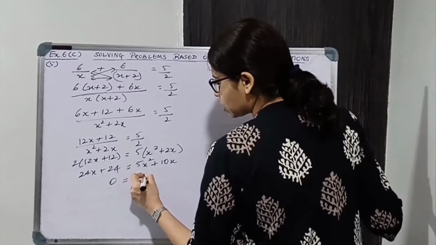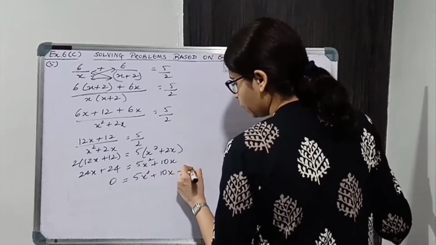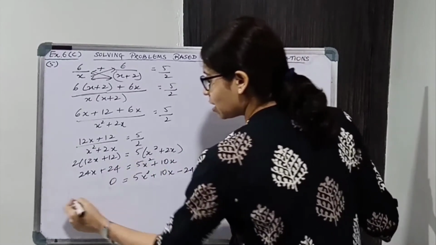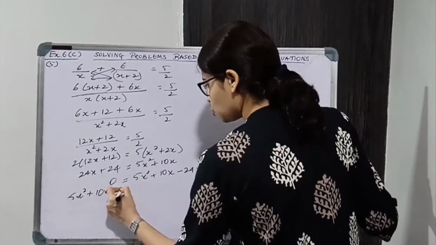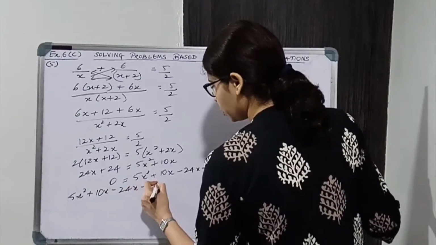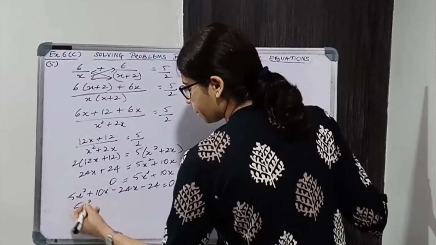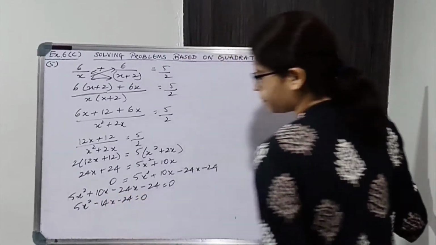So 5x square plus 10x minus 24x minus 24. Switching the sides, 5x square plus 10x minus 24x minus 24 equal to 0. This will become minus 14x. Okay, so 5x square minus 14x minus 24 is equal to 0.